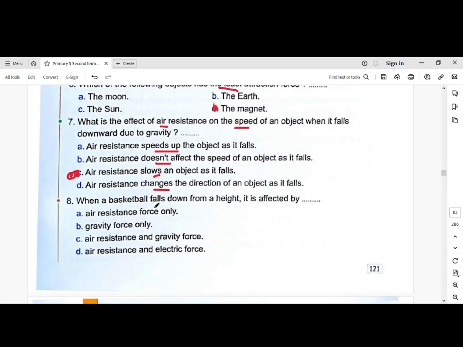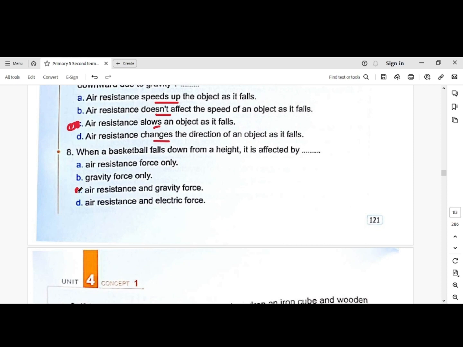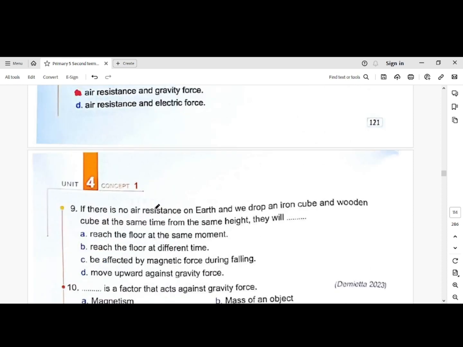When a basketball falls down from a height, it is affected by air resistance force only, gravity force only, air resistance and gravity force, air resistance and electric force. إجابتنا air resistance and gravity force.